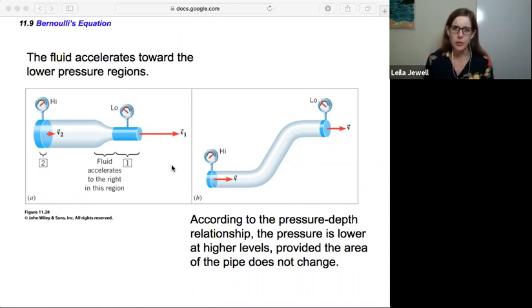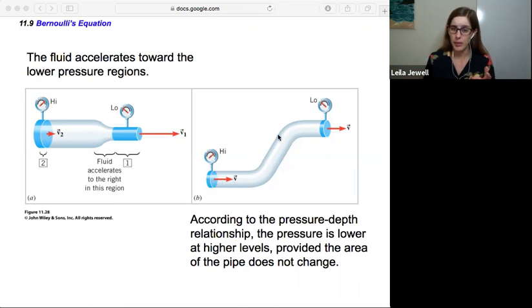Another note is according to our pressure-depth relationship, then the lower you are, the higher your pressure. This is assuming that the area of the pipe doesn't change, because the area of the pipe is what sets how fast the velocity is moving.